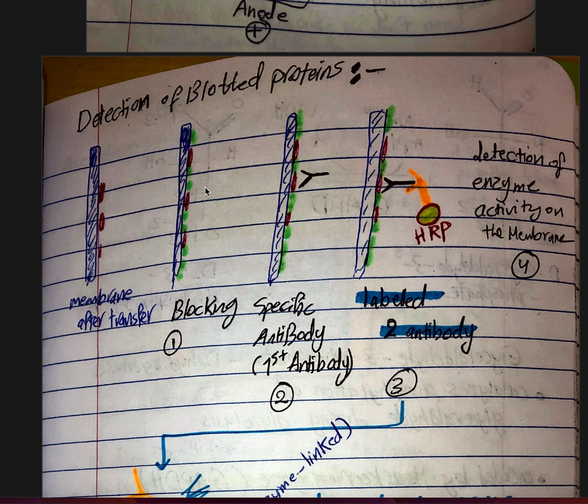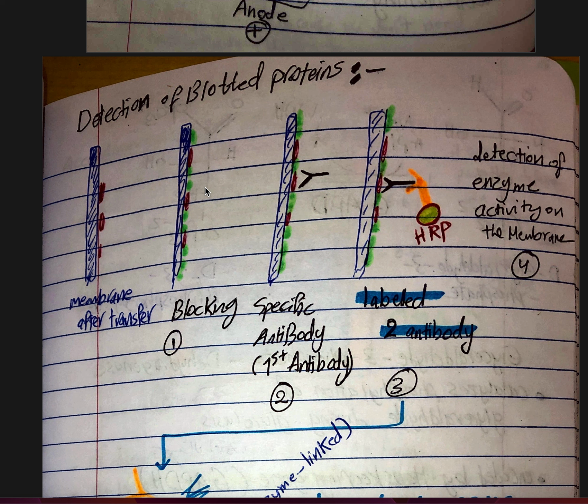What is the BSA that we discussed before? It is called bovine serum albumin. It's actually about the albumin, a bovine serum albumin. So bovine serum albumin or non-fat milk, we use it for blocking.